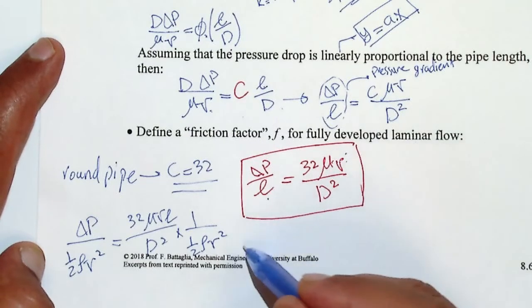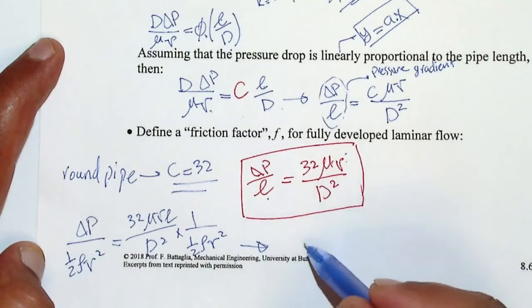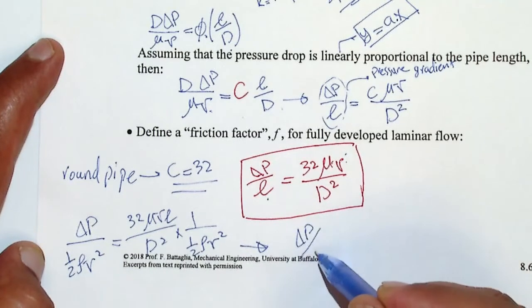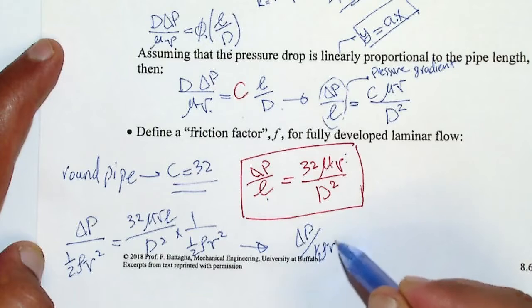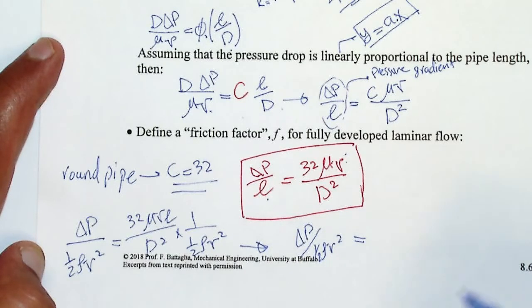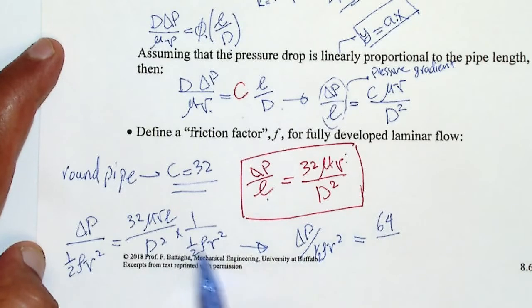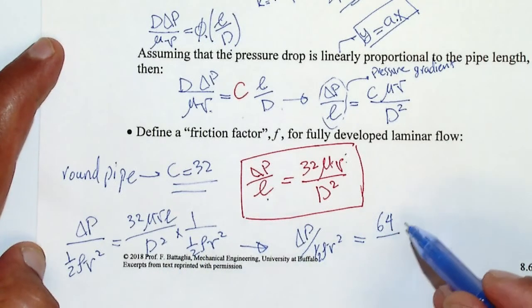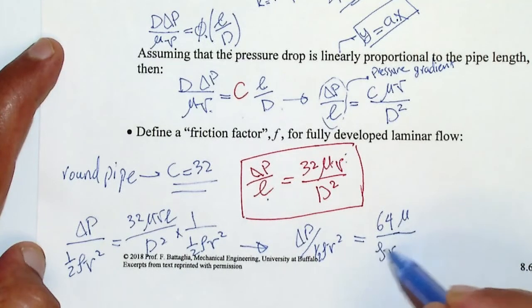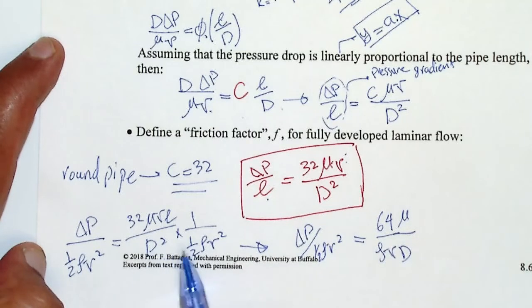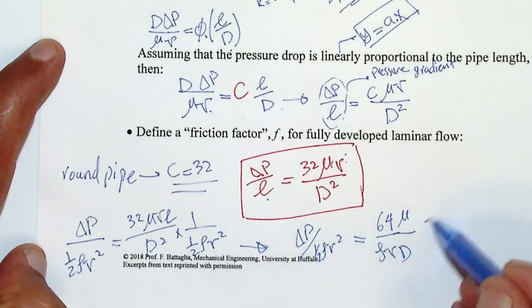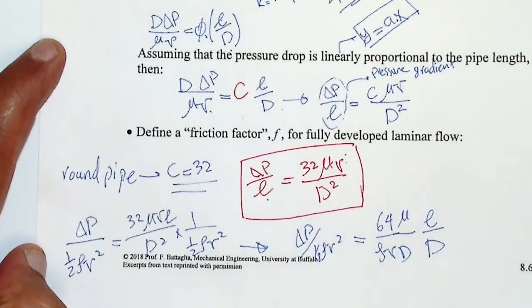Then finally delta P over dynamic pressure, or 1 over 2 rho V squared, is going to be equal to 64 over Reynolds. We can bring Reynolds out of it, and it's going to be 64 times mu over rho V d, just rewriting by bringing some of the parameters, bringing one d in here and the other d on the other side, to make two non-dimensionalized terms.